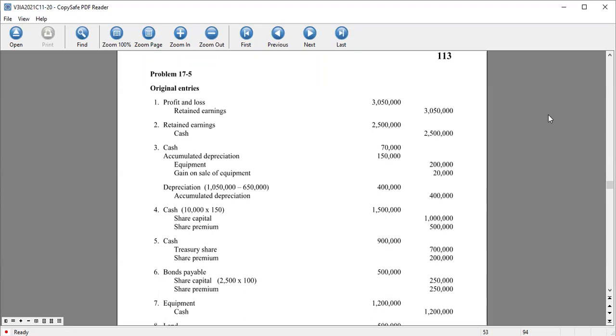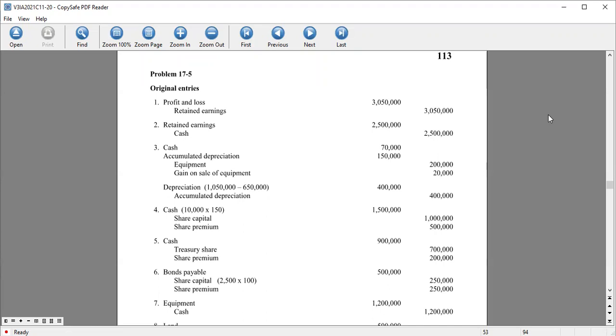Then, likewise, we debit depreciation for 1,050,000 minus 650,000. We now credit to accumulated depreciation.